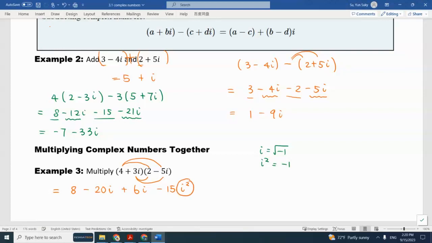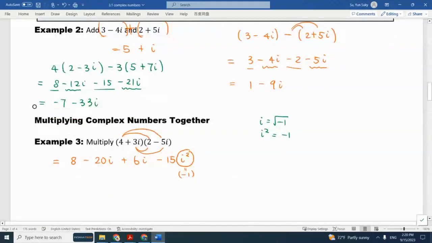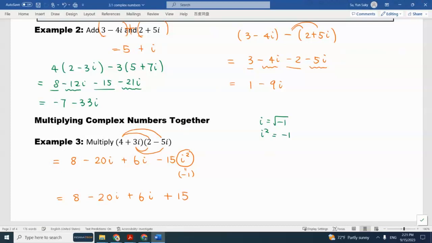Exactly. Very good. So I squared is negative 1. So we multiply the 15 and negative 1. It becomes positive 15. So let's rewrite it. So positive 15. Good.